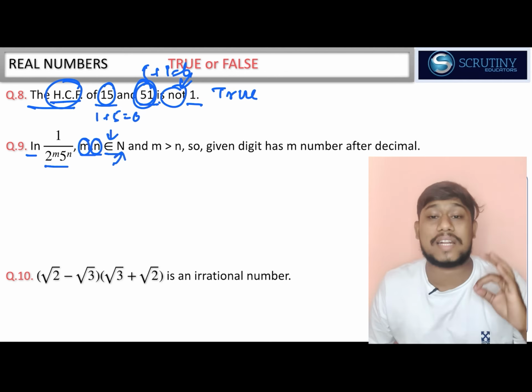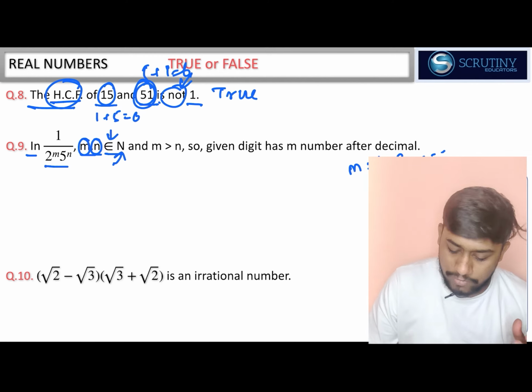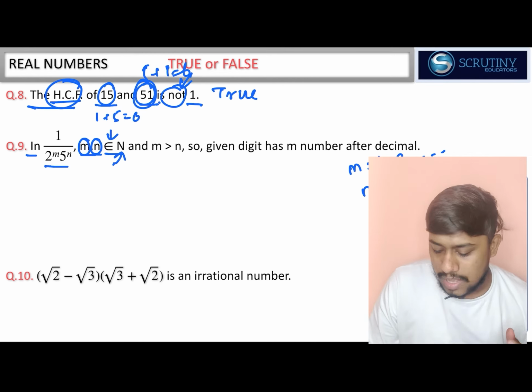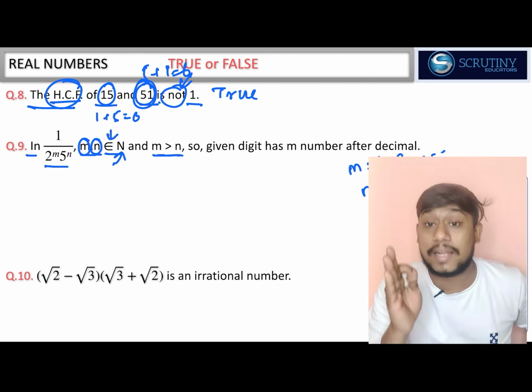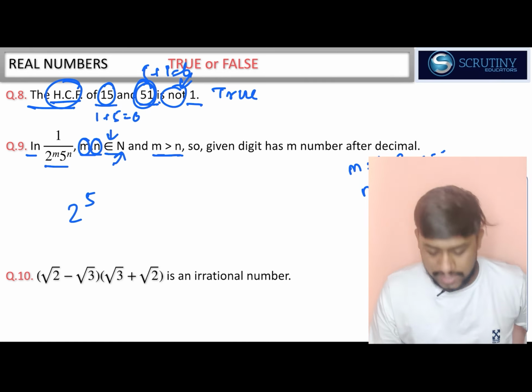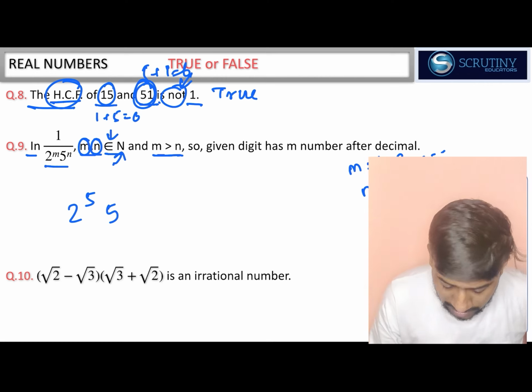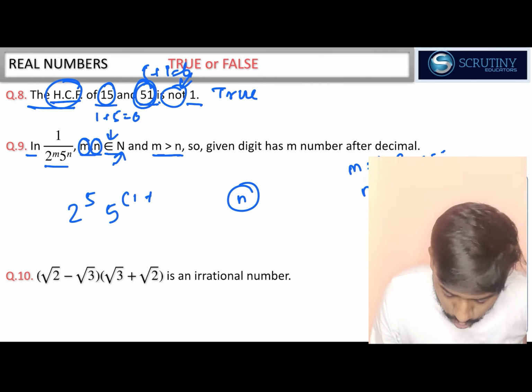Natural numbers start from 1, so your m value will be 1, 2, 3 and go on. For n also we have 1, 2 and it goes on. Here they said m is greater than n. It means if we take 5, your power n will always be less than m, so you can take from 1 to 4.